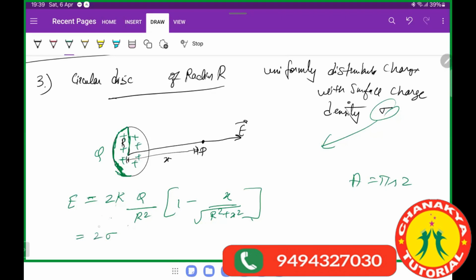So sigma by 2 epsilon naught times 1 minus x by root of r square plus x square. Got it? Yes, sir.